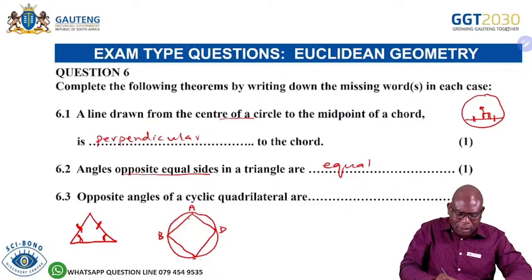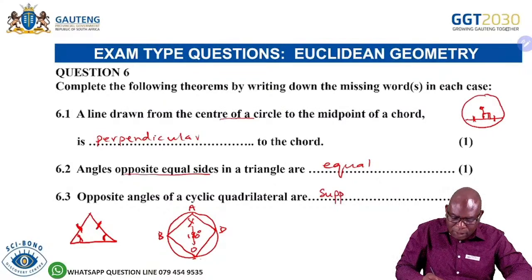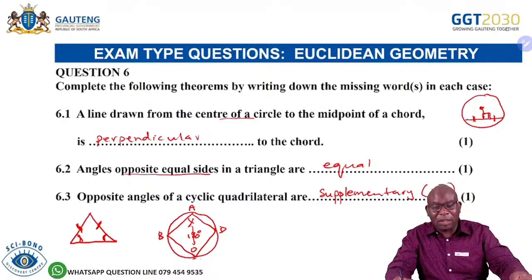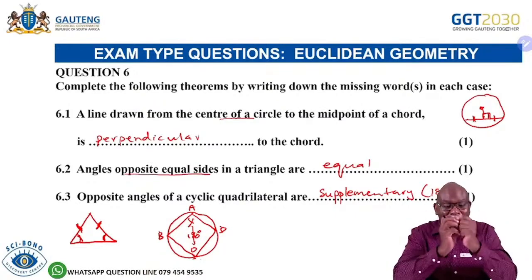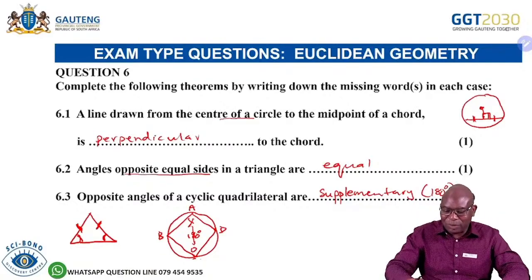I've seen my teacher saying this angle plus this angle will give me 180 degrees. So the word that is needed there is, remember in grade 9 we have done these words, supplementary, meaning that they add up to 180 degrees. So that's supplementary. So if you draw a picture, you'll get it right.